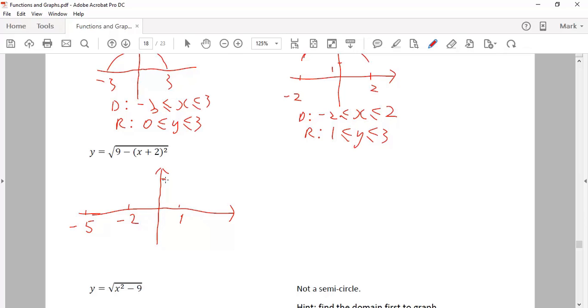And the height will reach 3 high. So the y-intercept, let x equals 0. So we get 9 minus 4, which gives us square root of 5. So yeah, domain is between negative 5 and 1, and the range is just between 0 and 3.